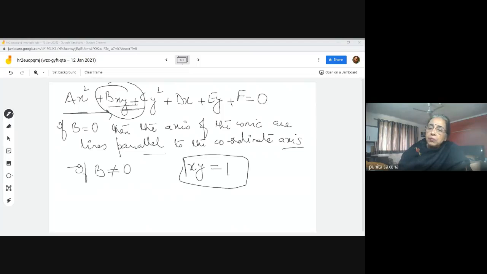Asymptotes तो किसी भी हाइपरबोला के परपेंडिकुलर होते हैं, because they are the diagonals of a square box which we have seen, and they are always perpendicular to each other.